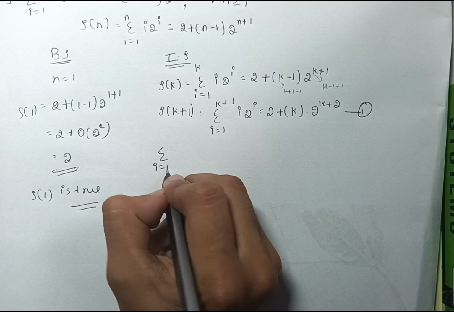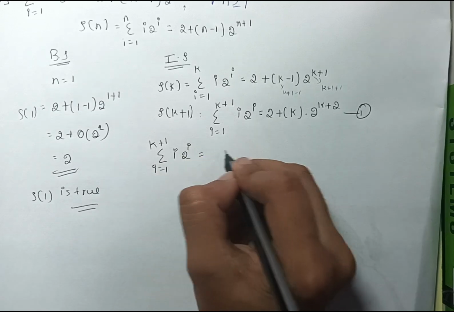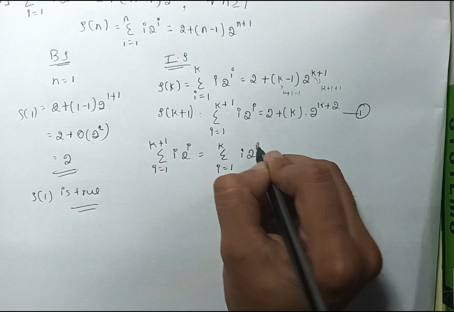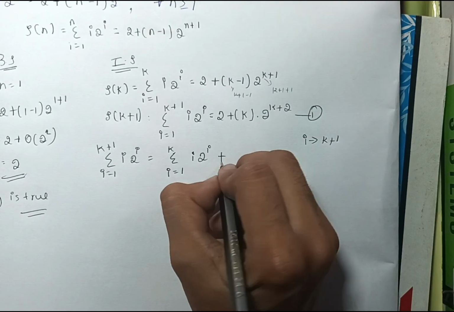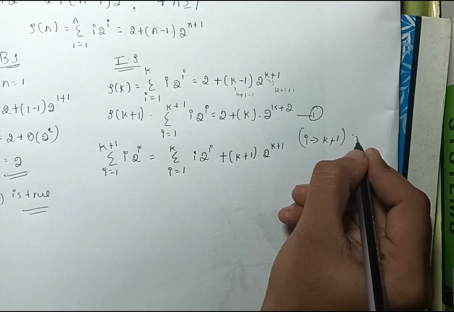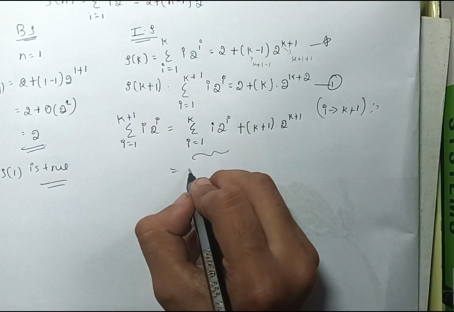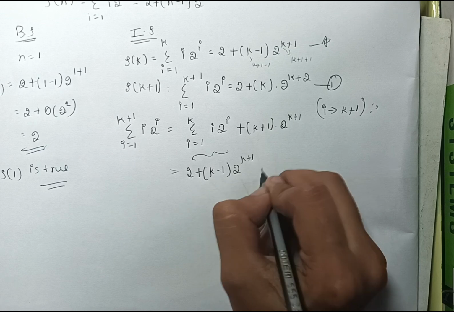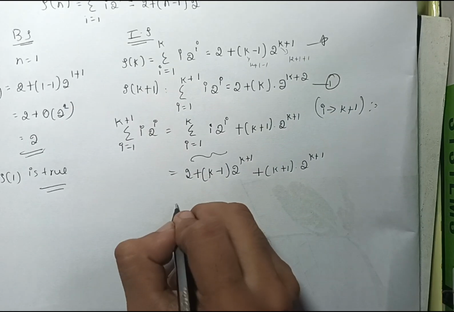First take summation i 1 to k plus 1, i to i, write this as summation i 1 to k, i to i. What is the next term? Replace i by k plus 1, that is k plus 1 into 2 to the power k plus 1. Till here, from the star we get what? 2 plus k minus 1, 2 to the power k plus 1 plus k plus 1 into 2 to the power k plus 1.